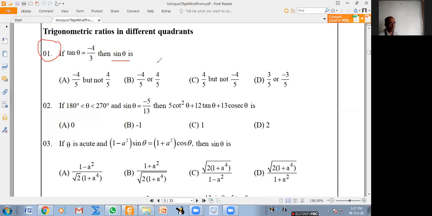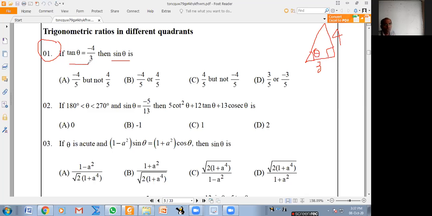How will you do this kind of questions? Better you just simply draw the triangle, a right angle triangle, mark theta. It has three sides. Based on the given ratio, we'll be able to find lengths of two things. But lengths don't write negative. Tan theta, opposite side is 4, adjacent side is 3. Don't worry about where to write minus.